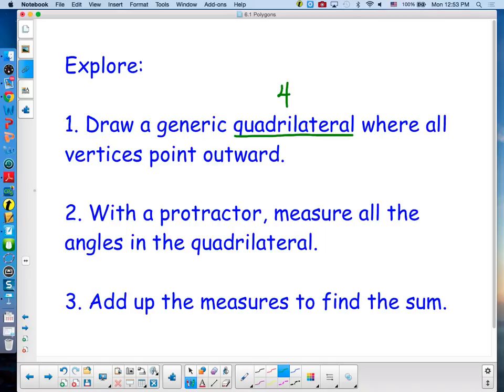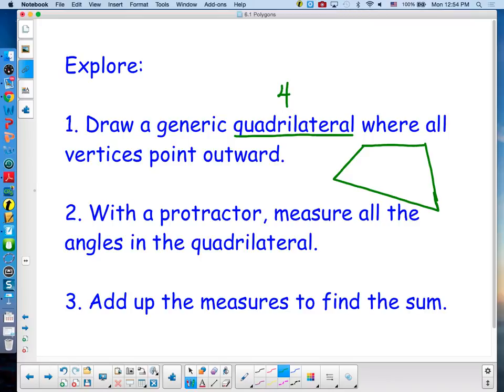It just says a generic 4-sided figure. All the vertices go out. So don't have it cave in. I want all the corners to go out. Just a kind of random figure. I don't want a specific square or something.